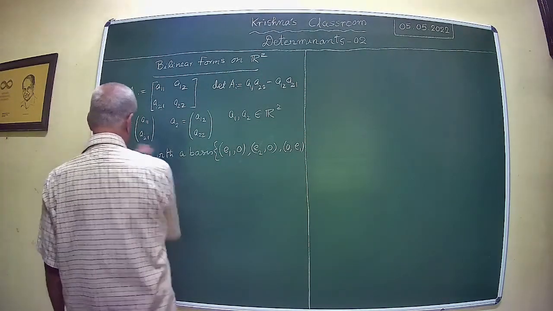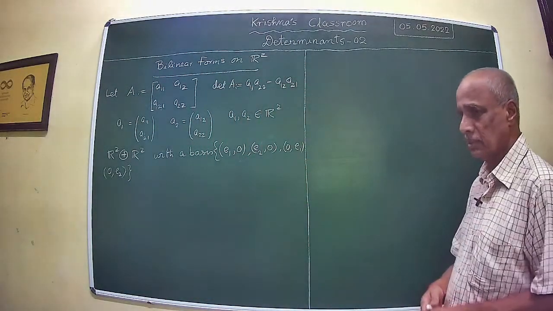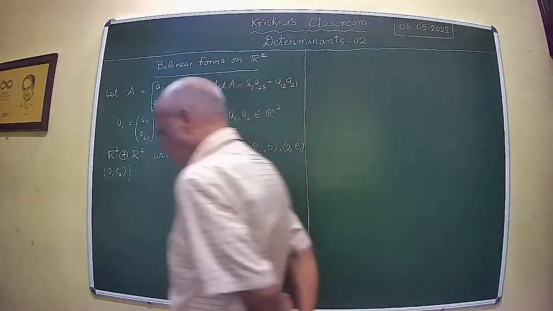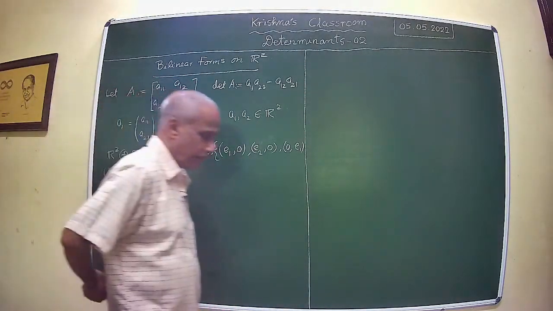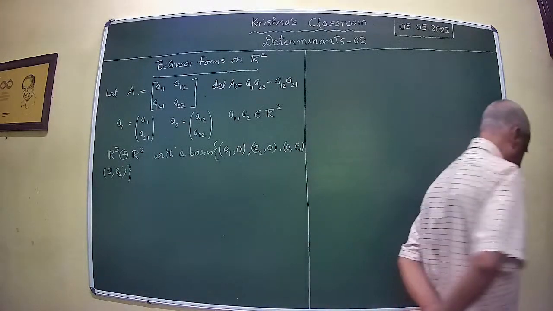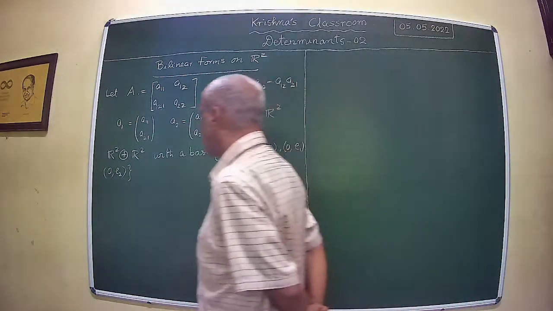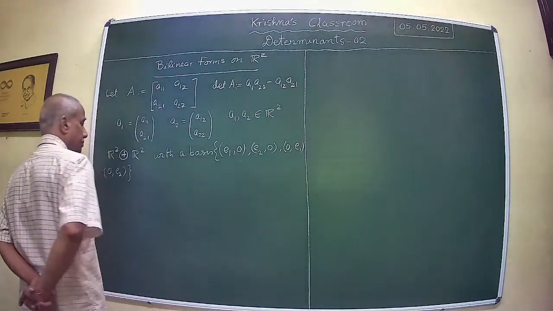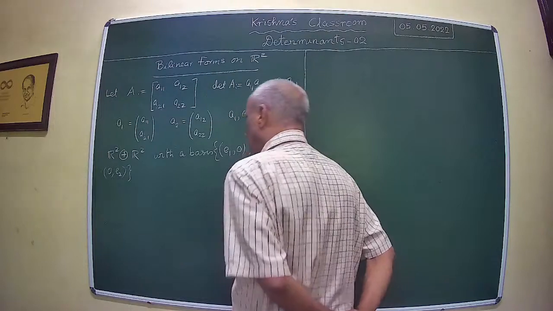Now I am not going into the structure of this, which is easily available and not relevant to us. Now let us define a map from R2 direct sum R2 to R in the following way.